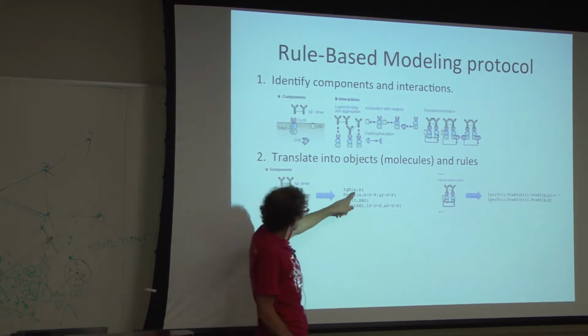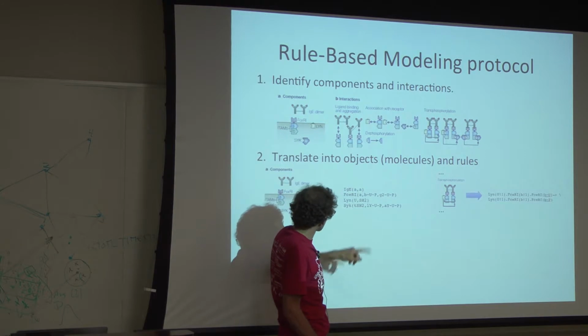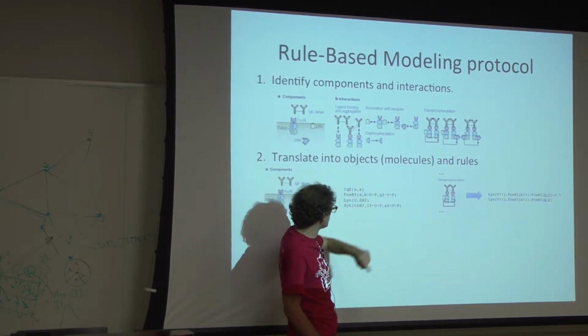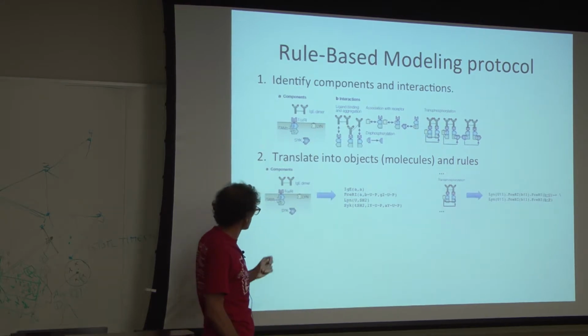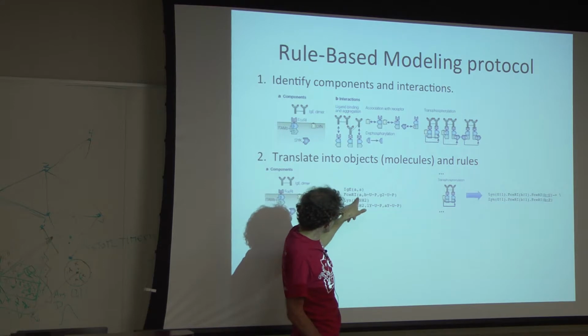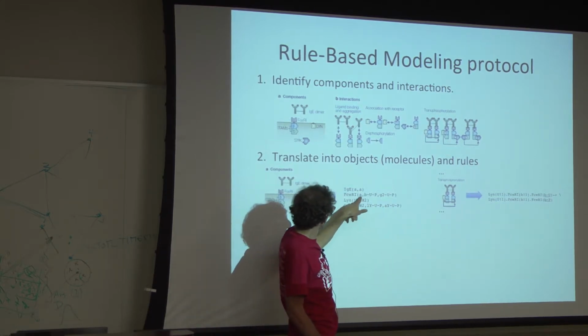So this represents an IgE dimer, for example, with two A sites. This is our receptor, which has an A, a B, and a G2 site. The G2 represents the gamma-2 homodimer, which is part of this multimeric receptor assembly.